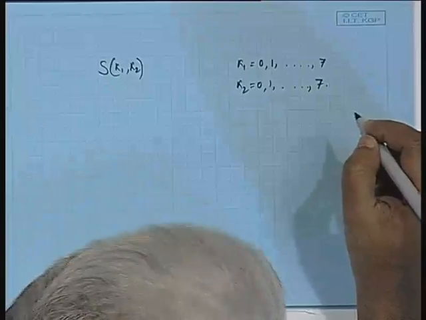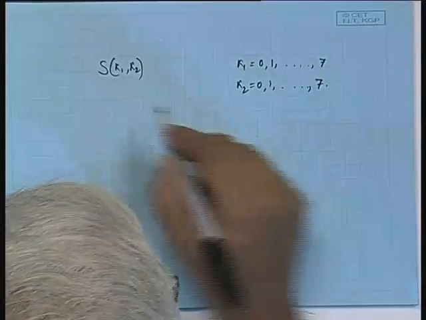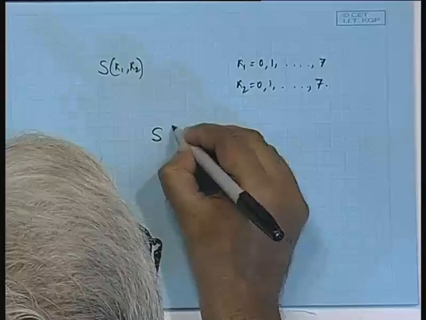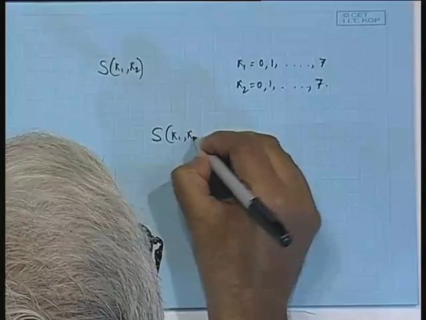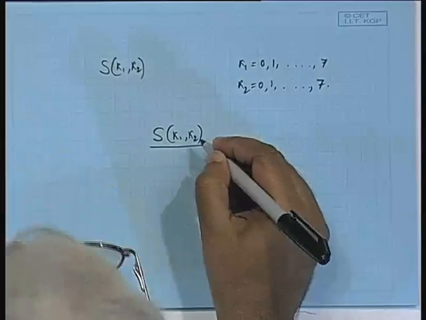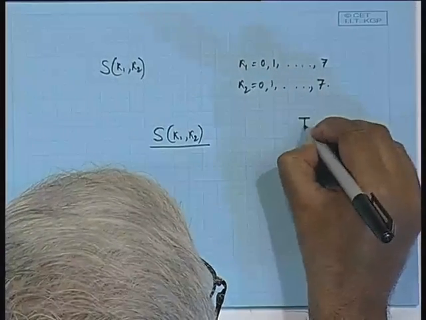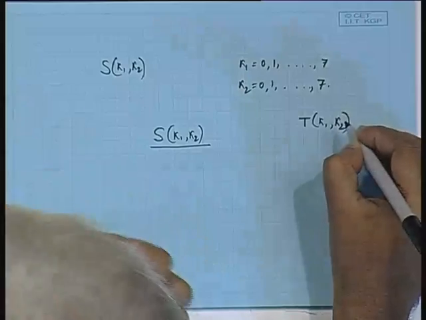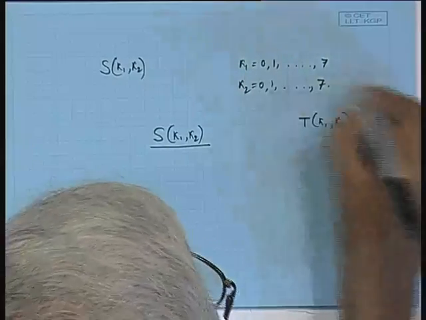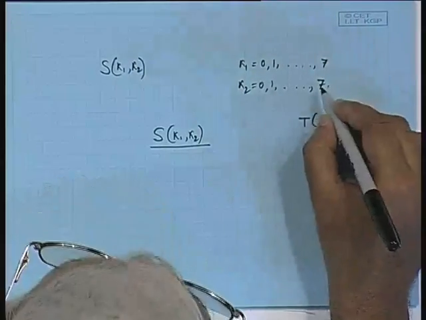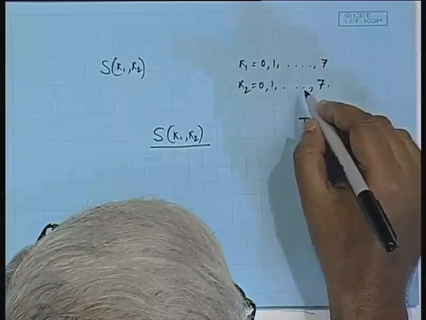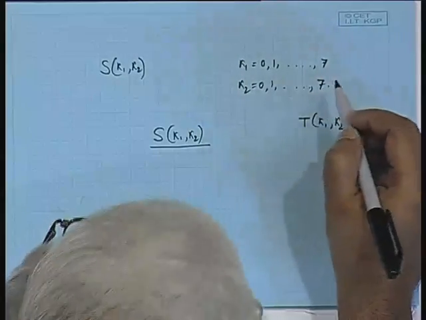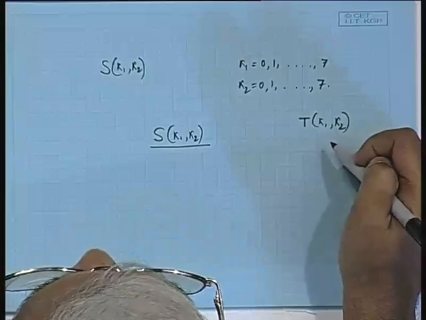So, these are the transform coefficients, and in the case of threshold coding, what we do is that these transform coefficients we divide by a matrix. There is a matrix whose elements are given by T(k1, k2), where k1 and k2 have the same index. That means if it is an 8 by 8 block, then we will have to use an 8 by 8 matrix for this.